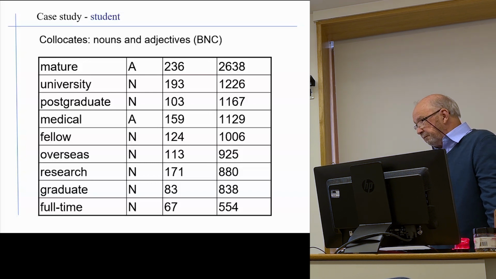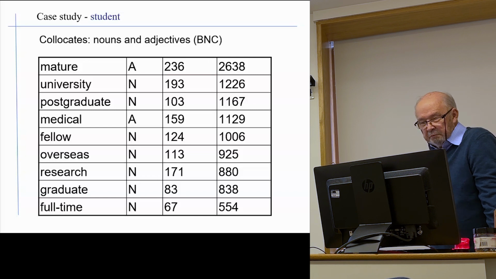Notice the rest of them are basically subcategorizations of students. They would belong to the category that we call type in the Cambridge Grammar, occurring very close to the head noun when there's no complement, supposedly.